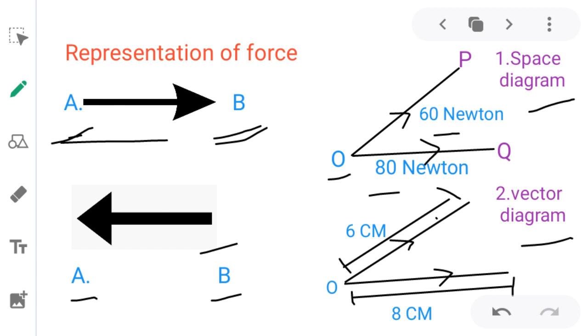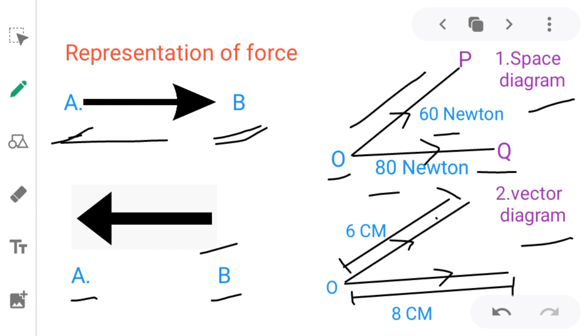The 60 Newton force is acting from O to P according to the arrow mark, and 80 Newton is acting from O to Q according to the arrow mark given. So here the magnitude and direction are both indicated directly in the diagram. The magnitudes are 60 Newton and 80 Newton, and the arrow mark is the direction, indicated directly in the space diagram.